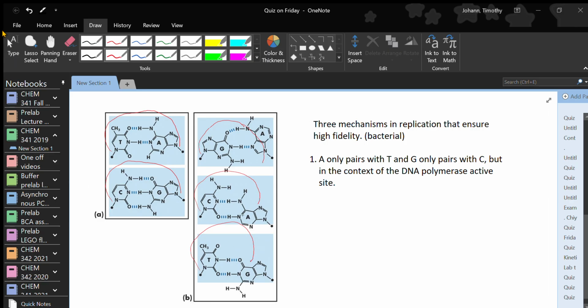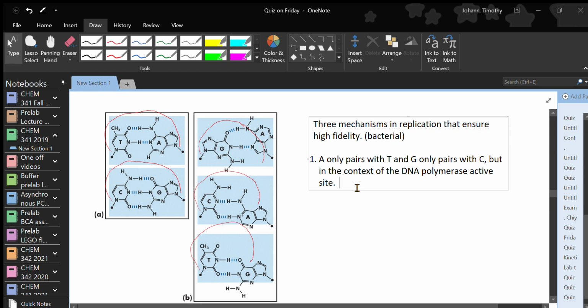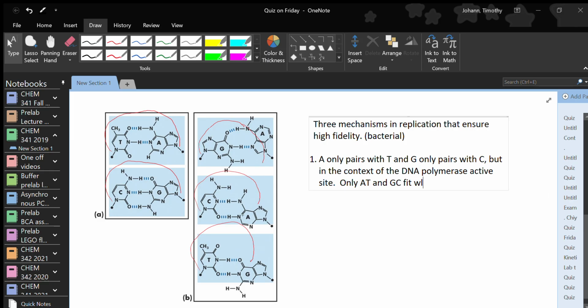Okay, so what this means is only AT and GC fit well in the active site. Does that make sense? So from this alone, only one error is made every 10,000 or 100,000 bases, nucleotides added, let's say.